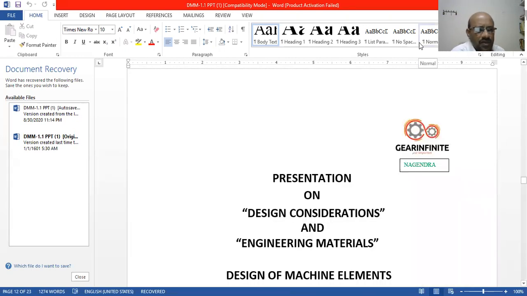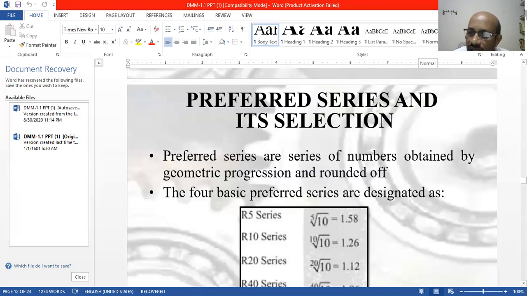So what capacities do we have to go for? It means we will use different sizes.